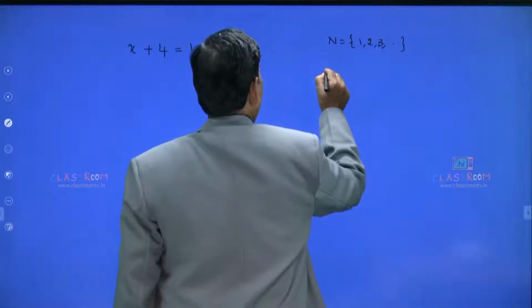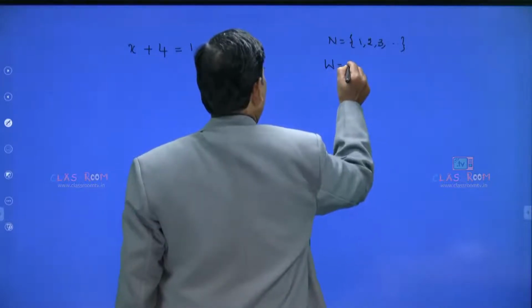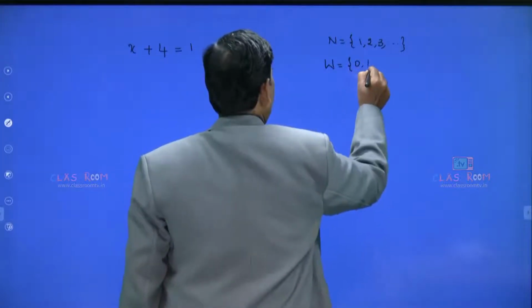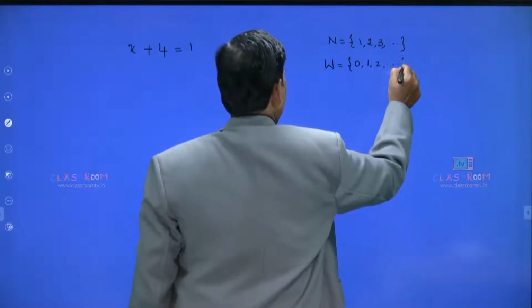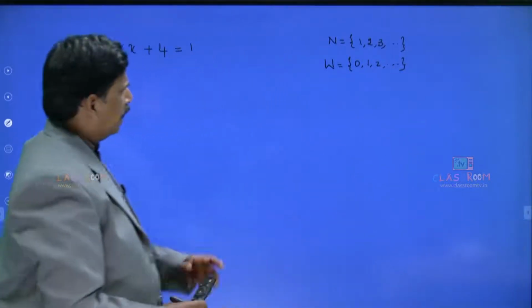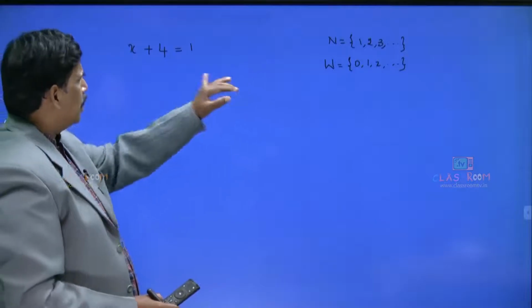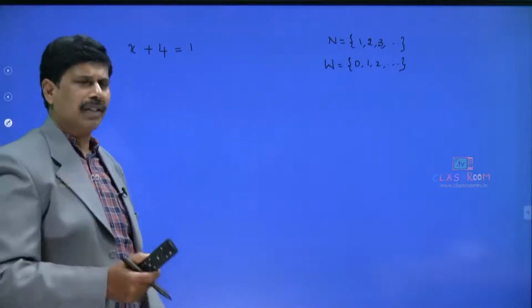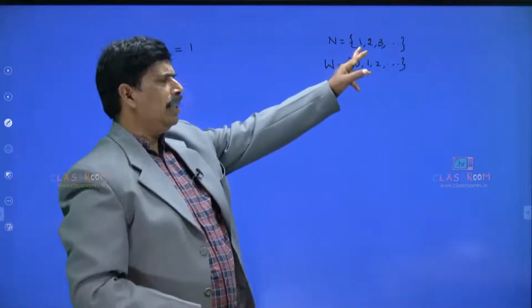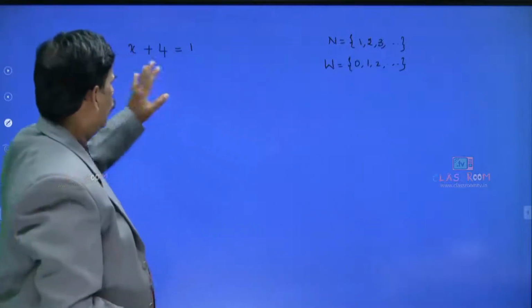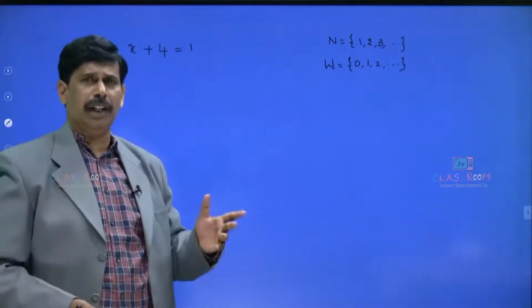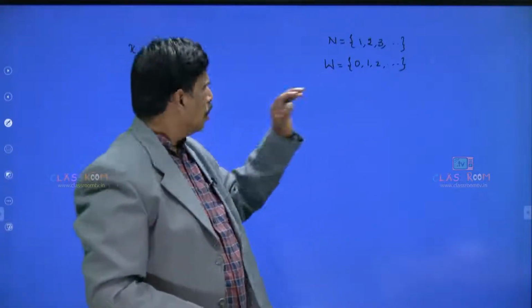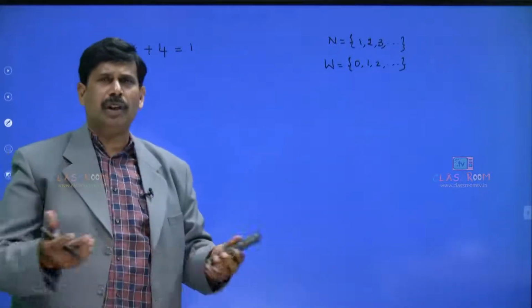And we also learned that natural numbers together with 0 are whole numbers. Now, can any number from these satisfy this? Let us try the least natural number, 1. 1 plus 4 is 5, so it is not satisfying. Let us take 0. 0 plus 4 is 4, so it is also not satisfying.